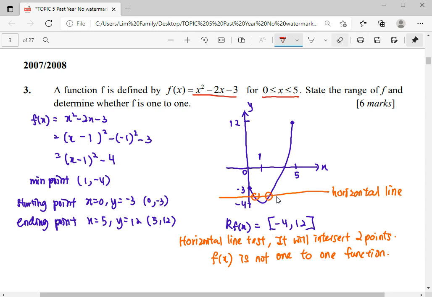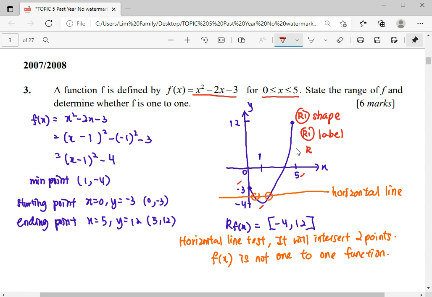So in order to get our answer here, 1 mark is for our shape. Okay, this is our shape, drawing correctly from the point 0 until point 5, coordinate 5. And then another mark for labeling your starting point, your minimum point, your ending point.